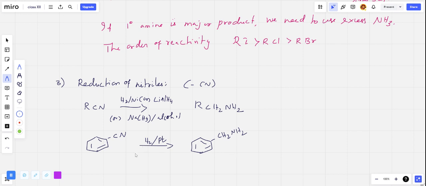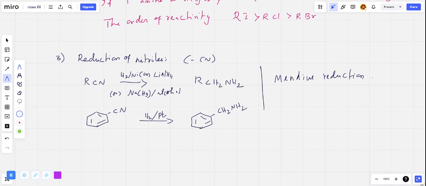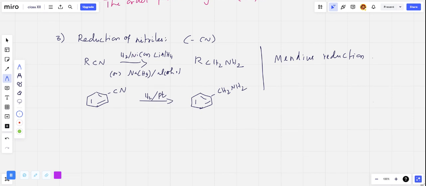And here sodium amalgam and alcohol is used as a reducing agent. And this one is called Mendius reduction. Okay, so this is the third method by which amines are prepared.